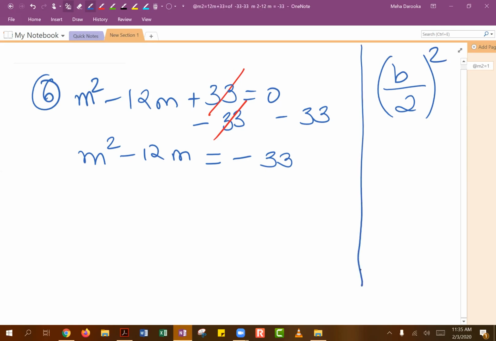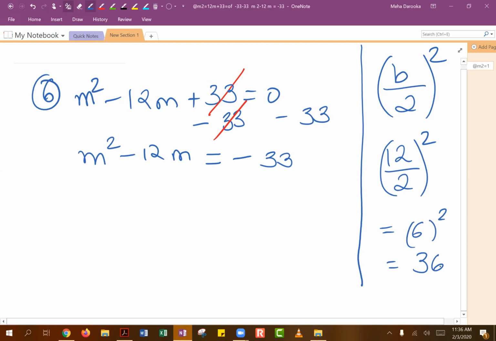We had talked about that, remember? So your middle term is the 12. 12 divided by 2. What is 12 divided by 2? 6, very good. And then 6 squared would be 36. So you are going to take 36.